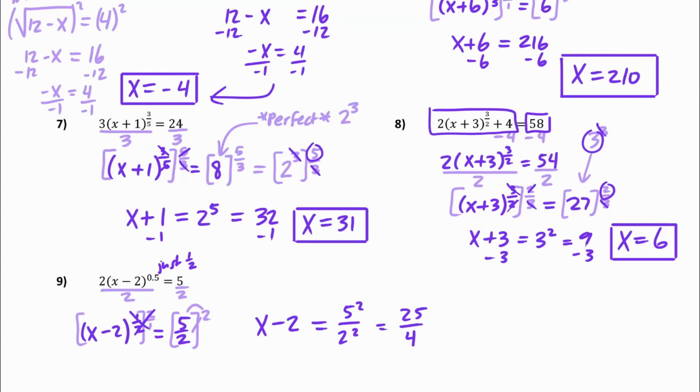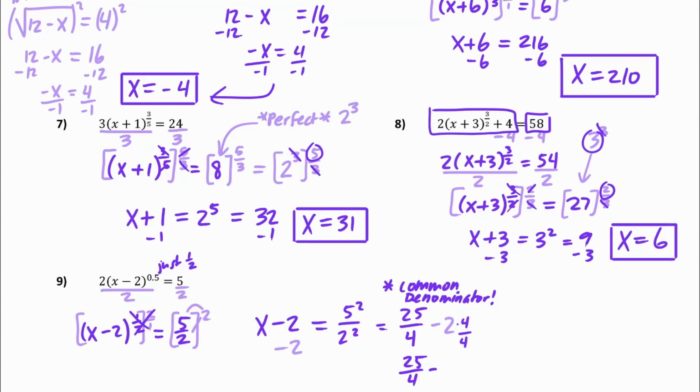Now if I'm going to go ahead and subtract 2, this is going to take a little bit of work because, remember, subtracting fractions, I need a common denominator. So not terrible, but this is essentially saying, I have 25 fourths minus, I need to multiply this by 4 and multiply the bottom by 4.